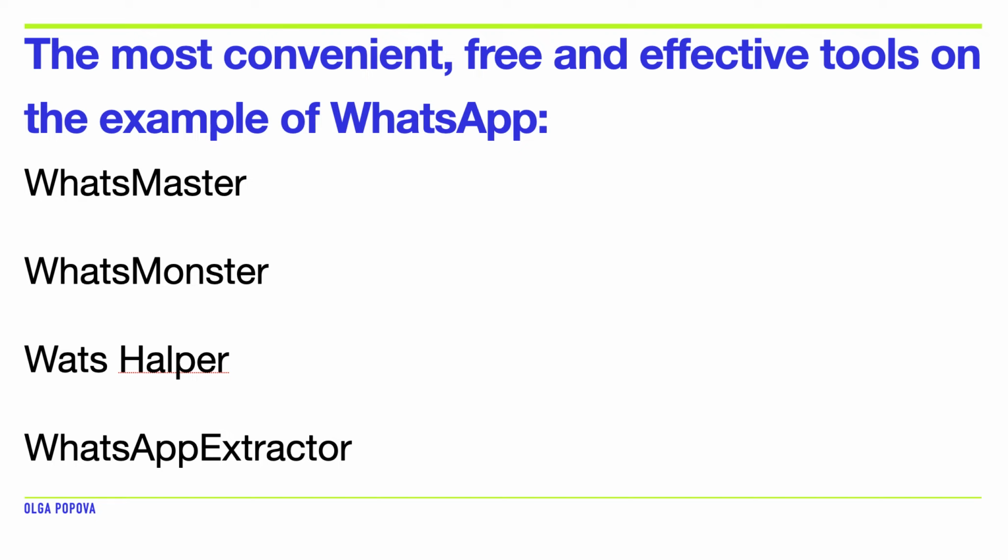If you want to send a message to people who speak other languages, of course it is better when you create your advertising text to translate it via Google Translate or via a professional translator. It's up to you. So WhatsApp Master and WhatsApp Monster allow you to send your text to a lot of people in their personal chats, and this software can even do it when you are not next to your computer.